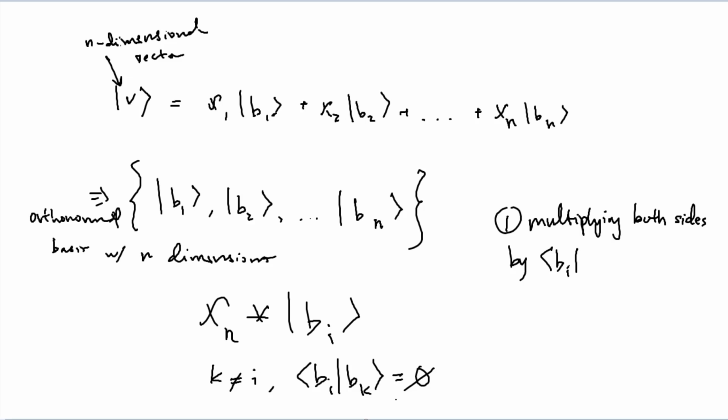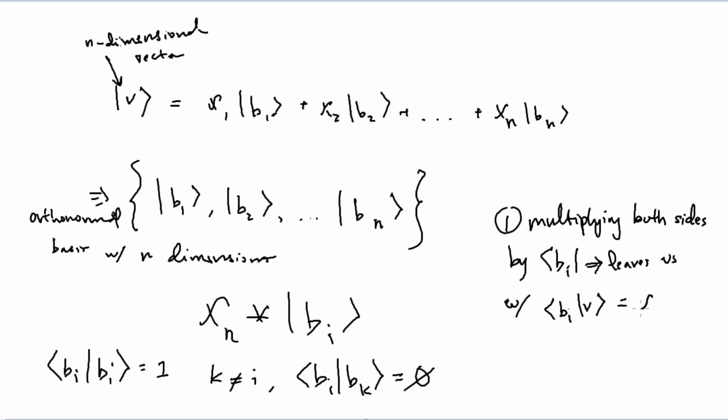So that actually cancels out all of the other values except for whenever we multiply bi times bi, which is equal to 1, right? And so that just leaves us with your given vector v multiplied by bi, which should be equal to xi, right?